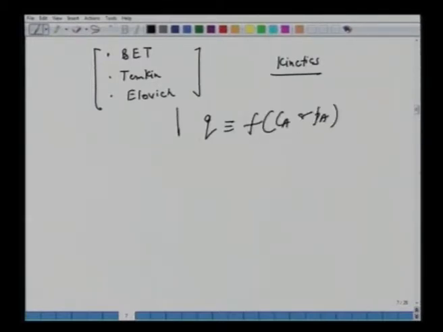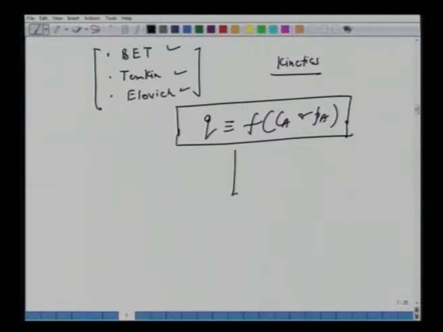That's the idea of thermodynamics. Langmuir, Freundlich, Sips, BET, Temkin, Elovich. Ultimately, we like to know that given so much concentration in liquid phase or gas phase, how much is the loading? What does the thermodynamics say there? What Q will we get in equilibrium? All right. Once we have this, then we can do all our calculations.